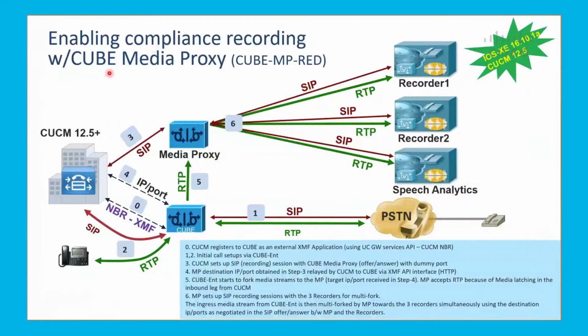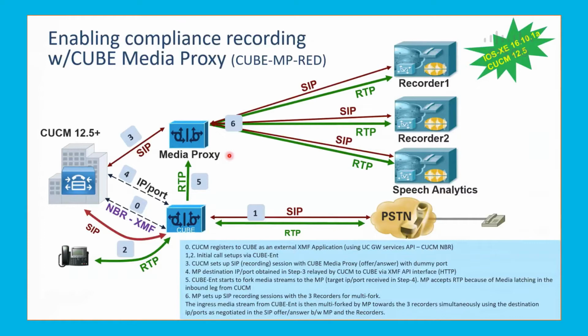Moving on, we will cover in today's session in detail, but we introduced the Cube Media Proxy. Cube Media Proxy at the launch addressed two challenges of the existing call recording architectures that are out there. The first one being whatever type of call recording option you choose to deploy, the only option that you had was for a single call, you could send the recorded media to a single recorder.